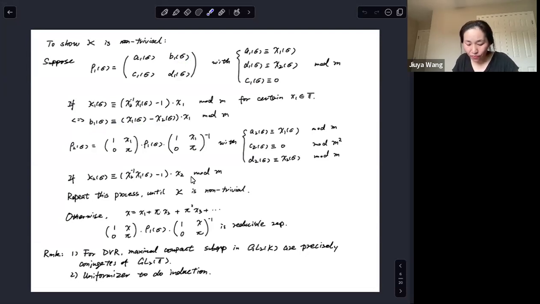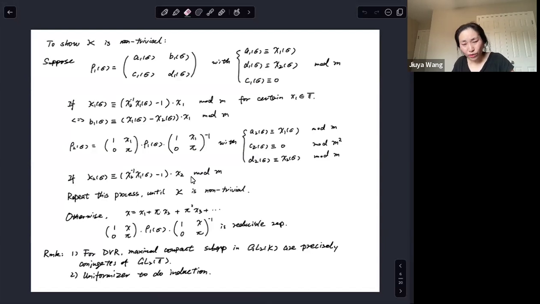Since we have this x_1 in hand, you can construct the matrix (1, x_1; 0, pi), where pi is the uniformizer of Z_p. By conjugating rho_1, you can find another representation where the entries satisfy a higher congruence for this corner. You can repeat this process until you find a cocycle that is non-trivial.